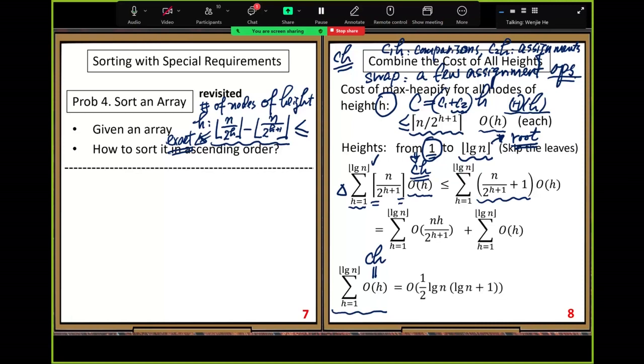Here you just understand this big O as a certain constant multiplied by the things in the parentheses. For this formula, we apply the summation formula: 1 plus 2 plus dot dot dot plus k equals 1/2 k(k plus 1).